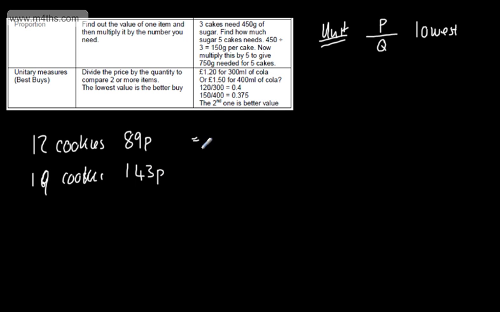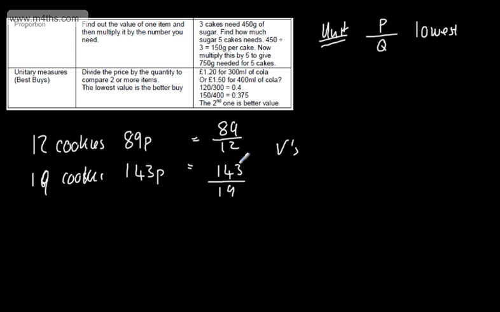What we want to do is find out the cost of one cookie and that to be as low as possible. So the price is 89, and do remember to work in the same units. So if this was £1.43, don't divide it by 1.43 because that's different to doing it to 89. So 89 over 12 versus now 143 over 19.